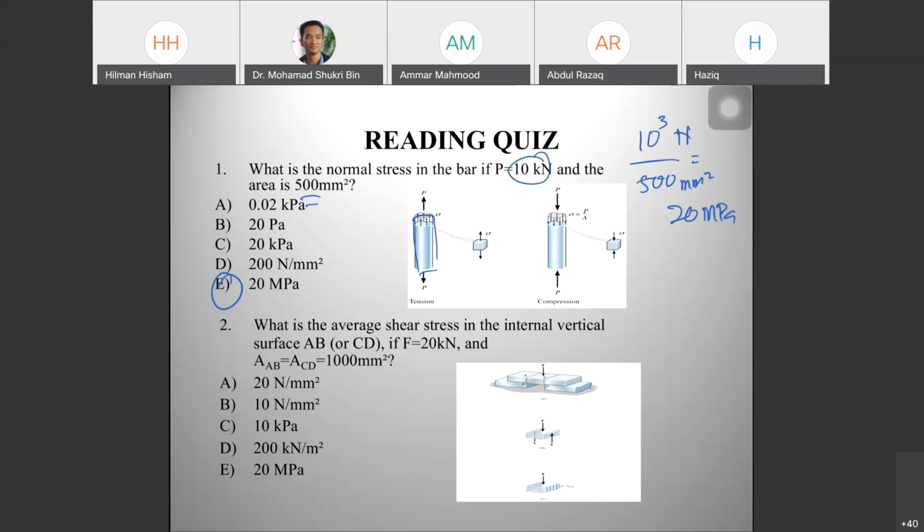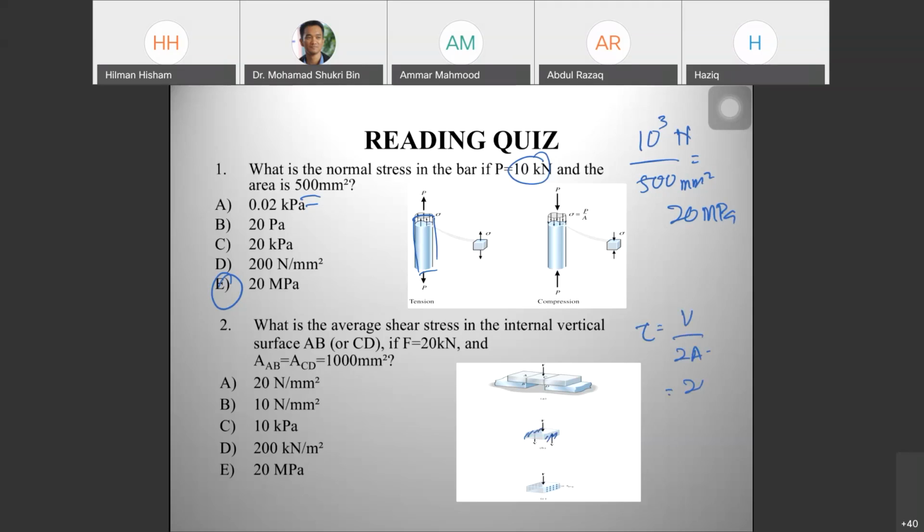What is the average shear stress in the internal vertical surface AB or CD if F is 20 kilonewton? This is double shear, you have two parts, front and back. So tau is V over 2A.